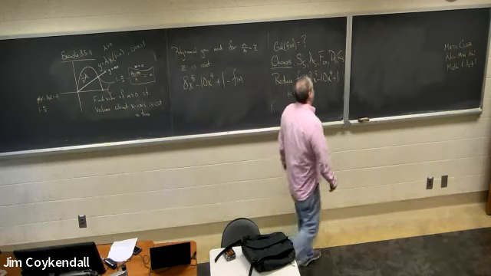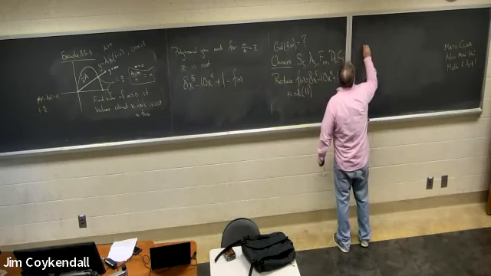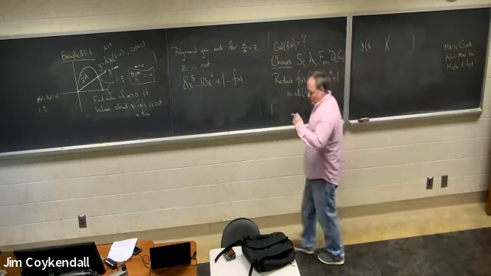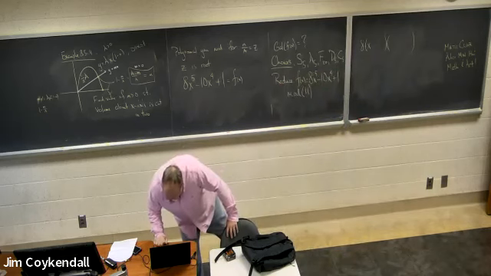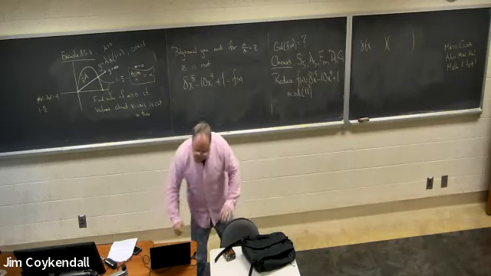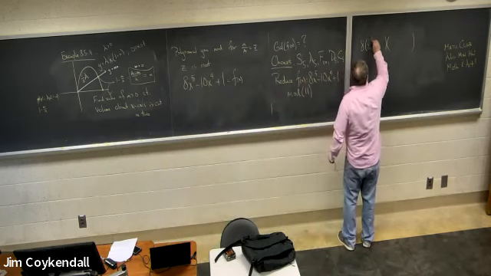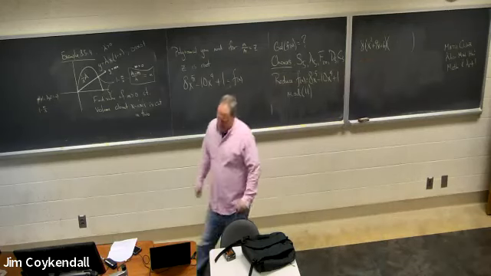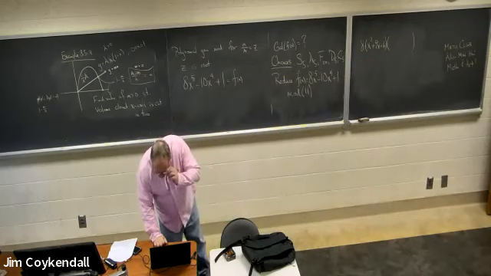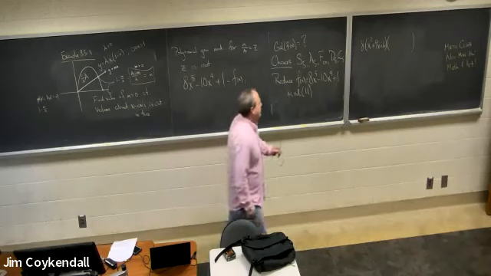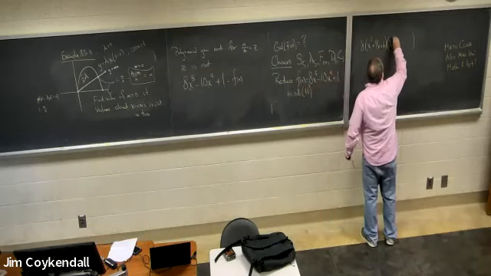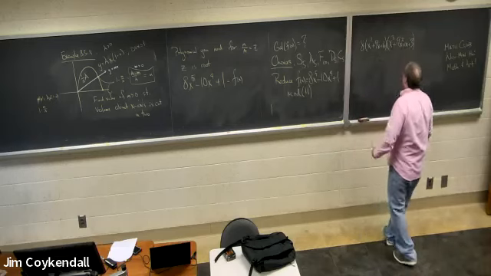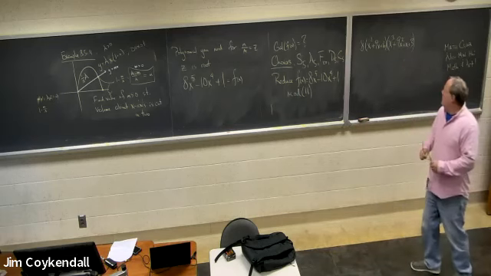I get the following polynomial: x squared plus 9x plus 6, and x cubed plus 9x squared plus x plus 3. That's what I got. Let me check this out.